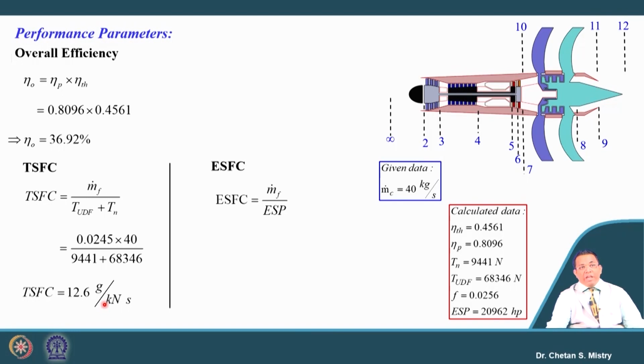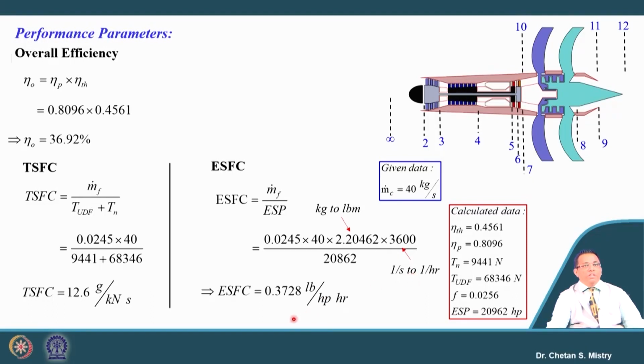Similarly, for engines with propellers, people are more interested in equivalent specific fuel consumption, because they discuss more in terms of equivalent shaft power. If we put in these values, we need to do the conversion from kg to pound, and from per second to per hour.